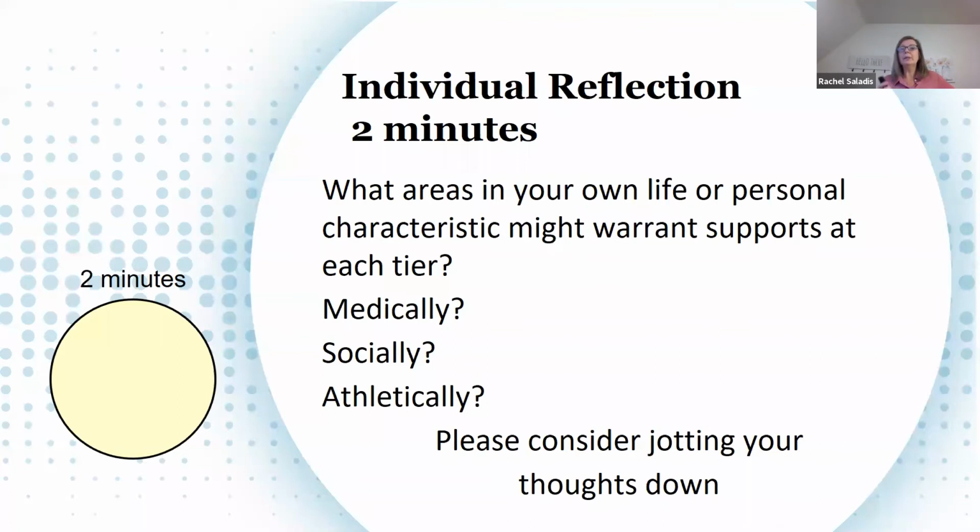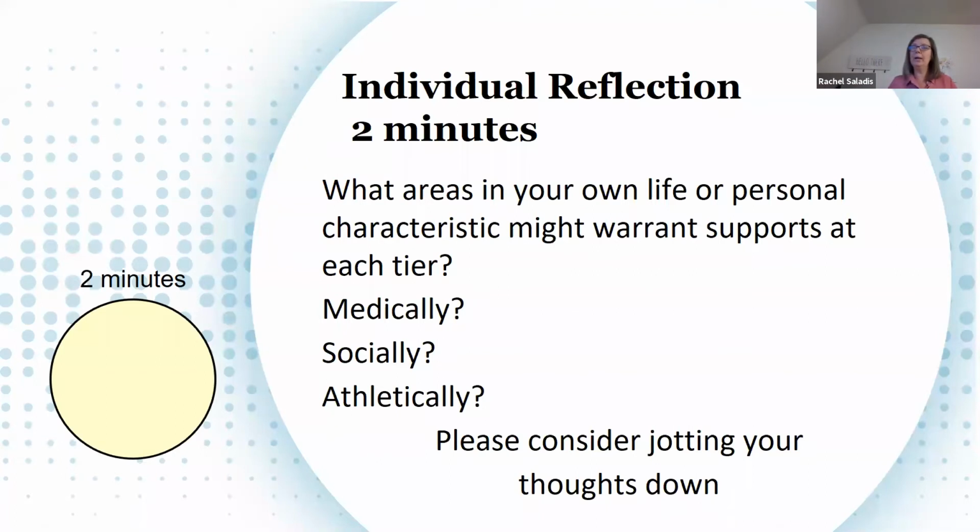Now we want to be able to have this cemented to your memory. And one of the best ways that we as adults learn is by applying things to our personal situation. So we're going to ask you to spend a few minutes in individual reflection and consider writing down your thoughts on the prompt that's given. You have a beautiful, hopefully you've gotten it in the mail, a beautiful journal.